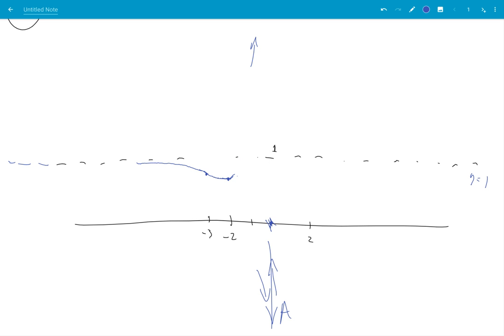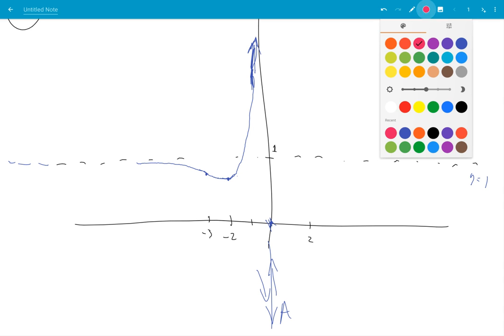Whatever, I'm just going to leave that. Put a little arrow on top. How do I know it doesn't do something like that? Well, if it went like that, I would have a max here, right? A local max. But I never found that earlier, so not possible.